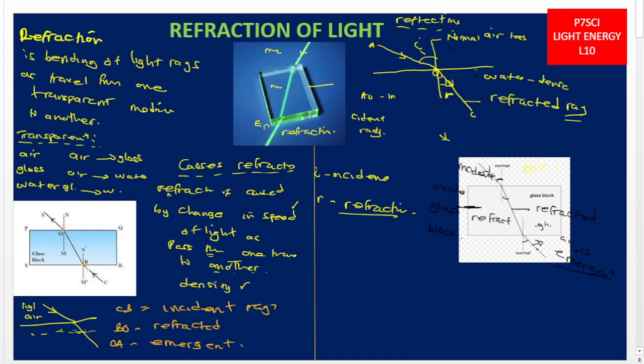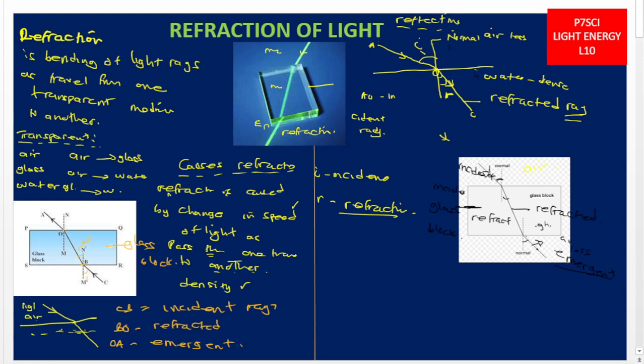This angle here is the angle of incidence, and this angle here becomes the angle of refraction. And this block of PQRS is what we call the glass block. So that is refraction through a glass block.